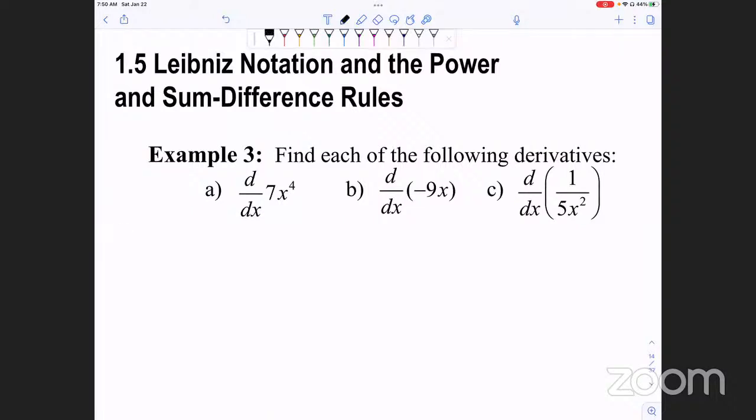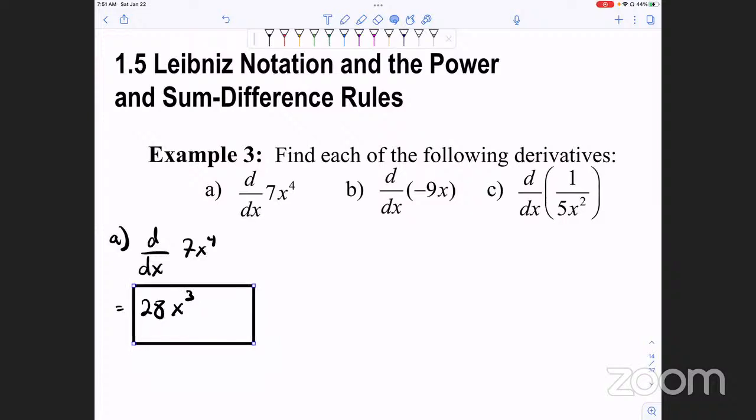For part A, differentiate 7x to the 4 with respect to x. 7 times 4 is 28, so we get 28x to the power of 3. It's the constant times the derivative.